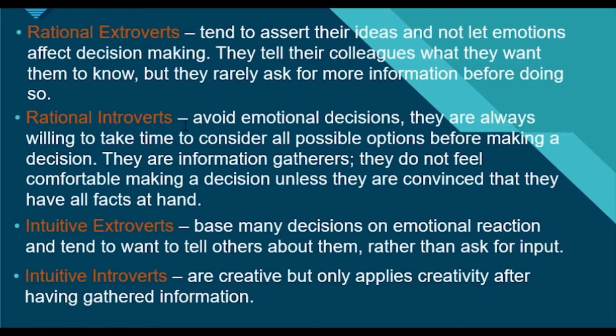Rational introverts avoid emotional decisions. They are always willing to take time to consider all possible opinions before making a decision. They are information gatherers. They do not feel comfortable making a decision unless they are convinced that they have all facts in hand.